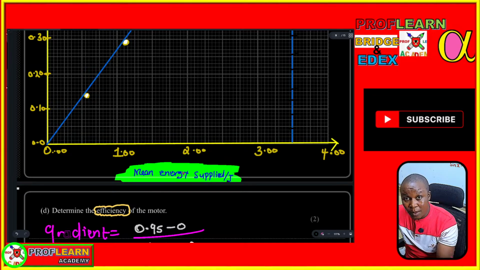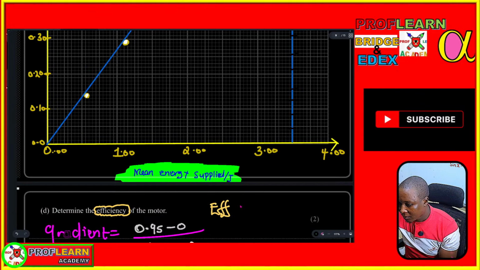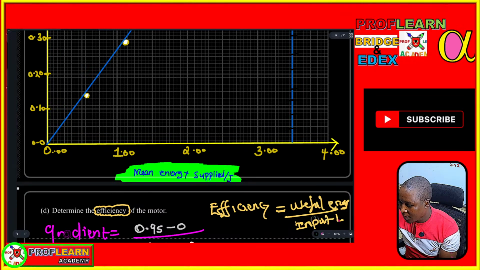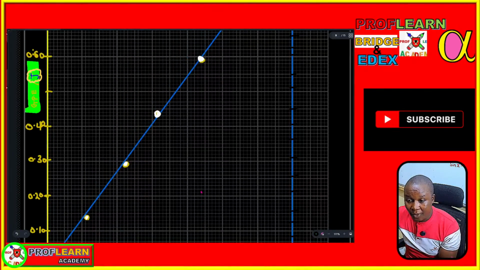So the input energy, we know efficiency is useful energy over total input energy times 100.